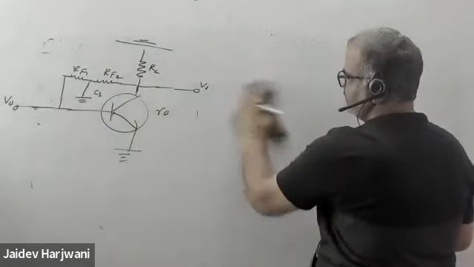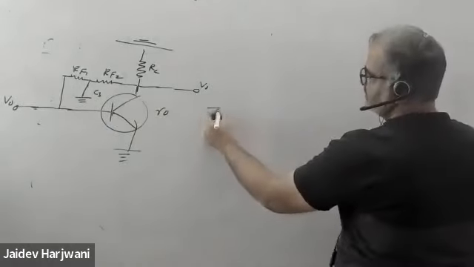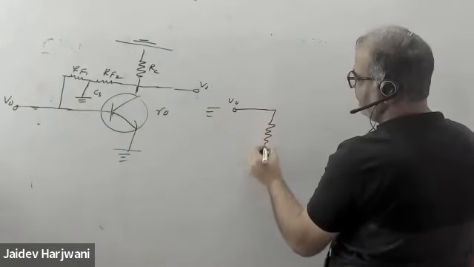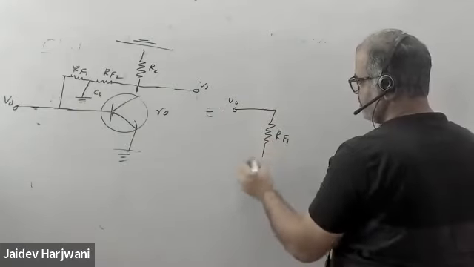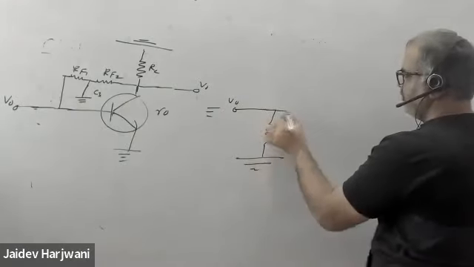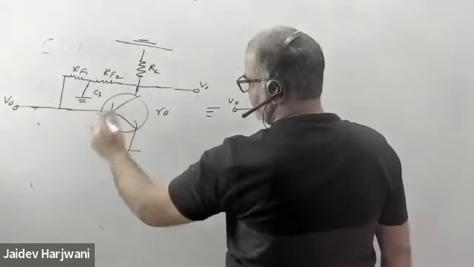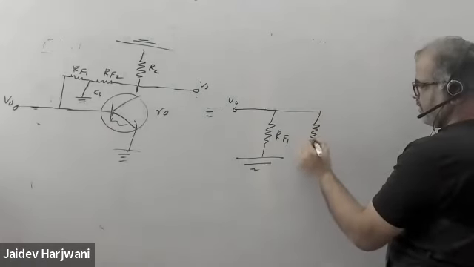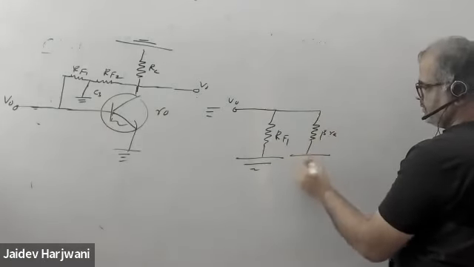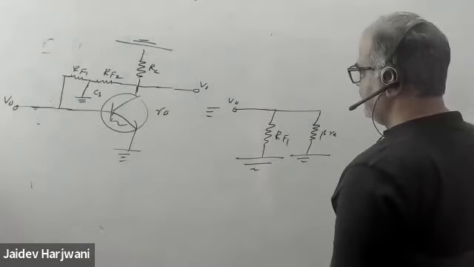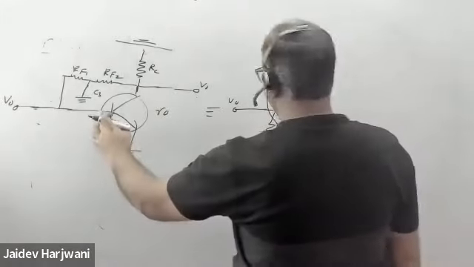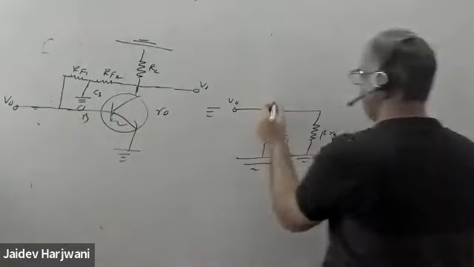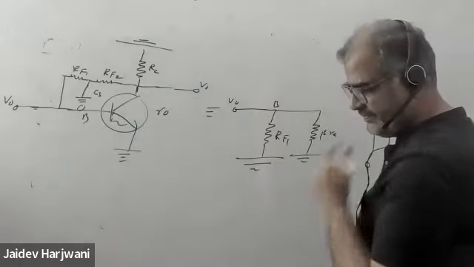So if I make the equivalent circuit, that will be your V0, okay. Here RF1 will come in input, okay. Then you have beta Re, this resistance, this part, okay. This is your beta Re, and then this is your base, okay. This is the base part. Say this point is B, this point is B, both points are B, okay.